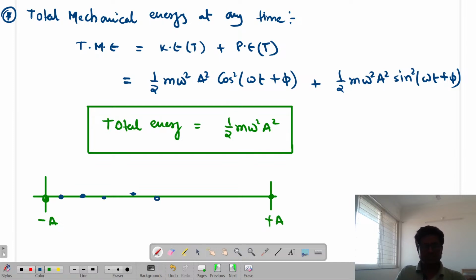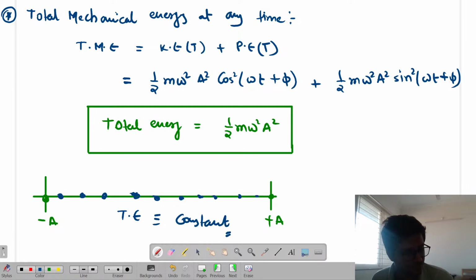At all of these points, how is the total energy? Always constant. From this end to that end, the total energy is always constant. It is never changing, means it is always going to be the same. Whatever you do, are you able to get me or not?